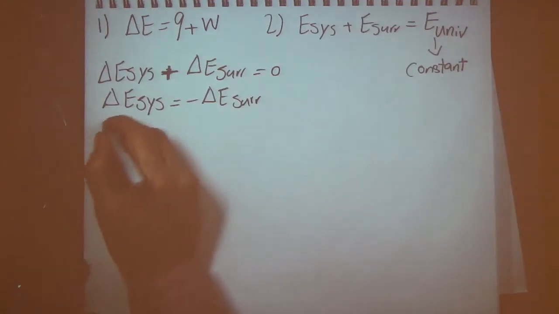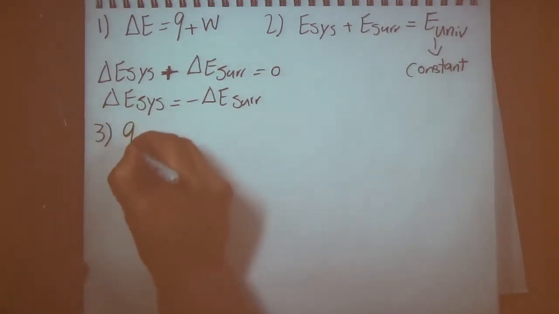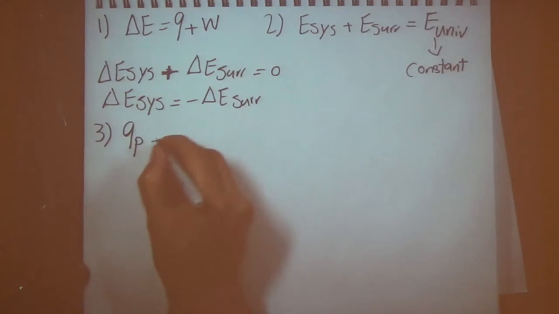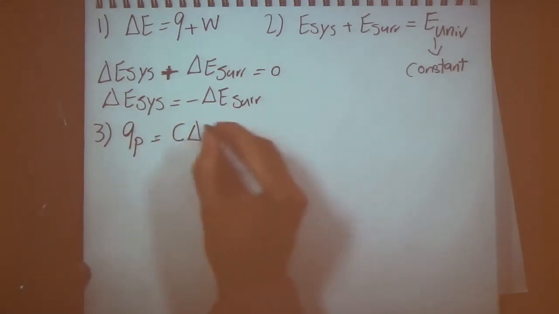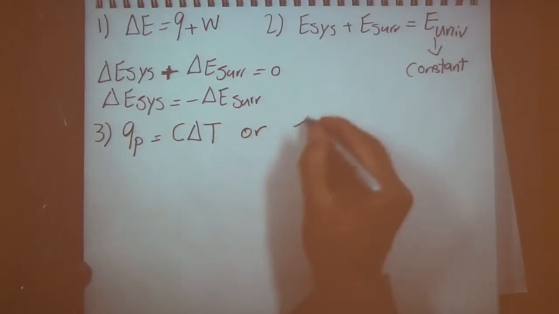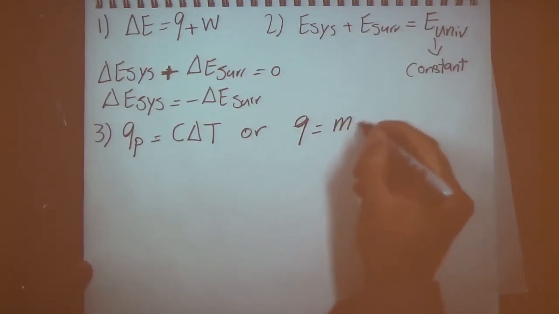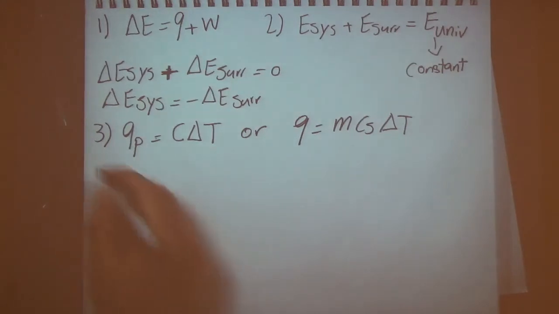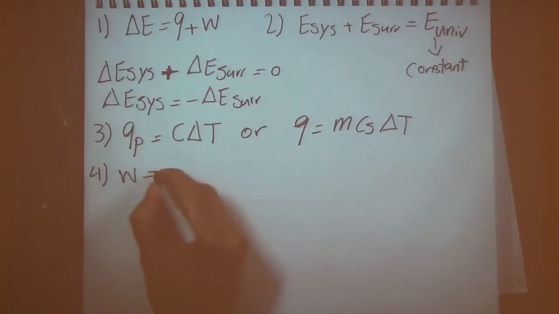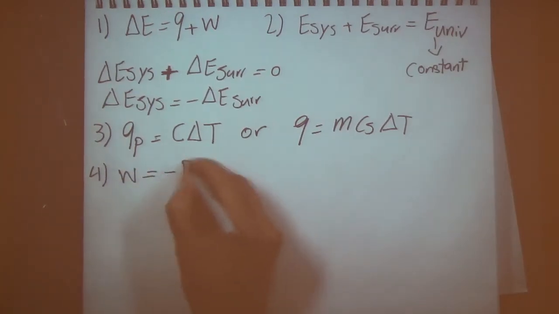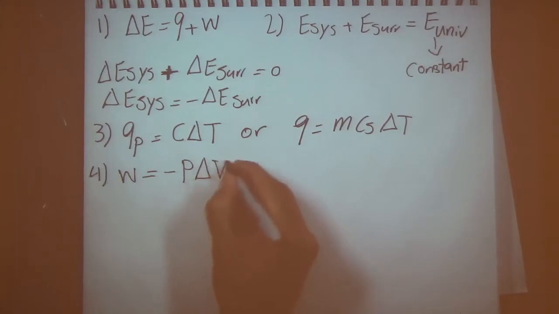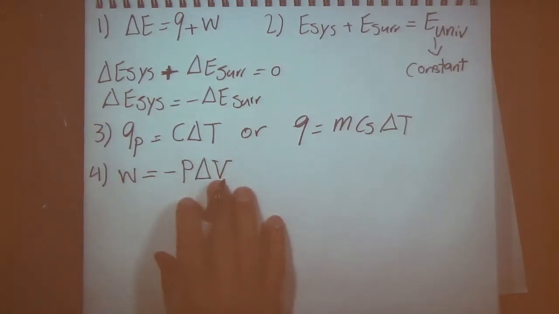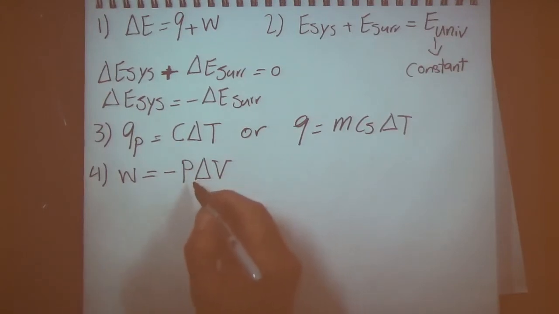And the third formula, we said Q is equal to either C delta T or Q equal to m C_s delta T. We have work equal to minus P delta V. I will go through this formula a couple of slides later, but for now, accept this one from me.